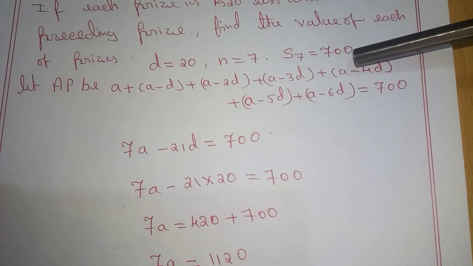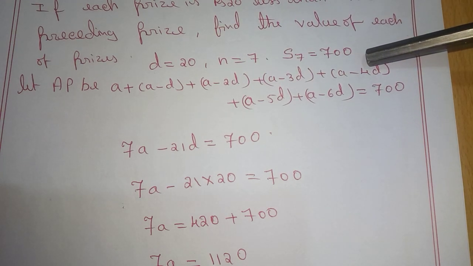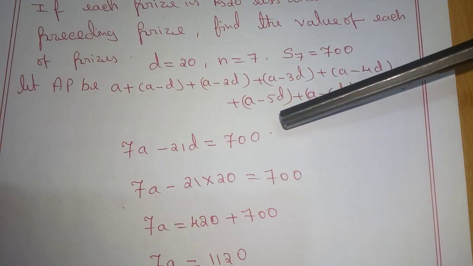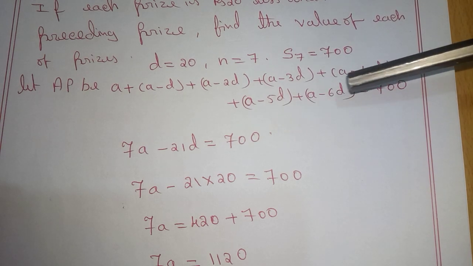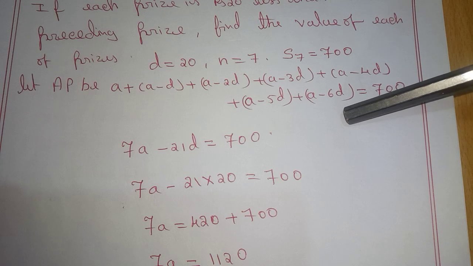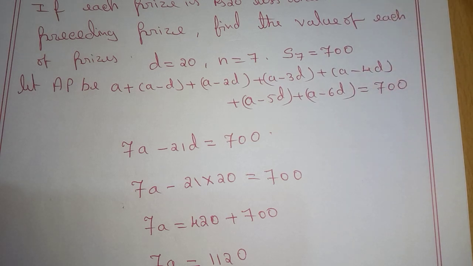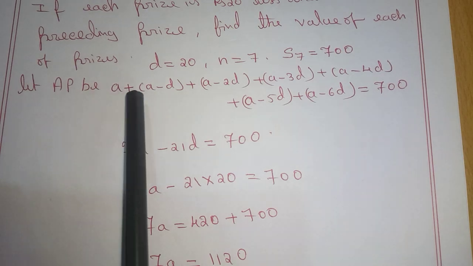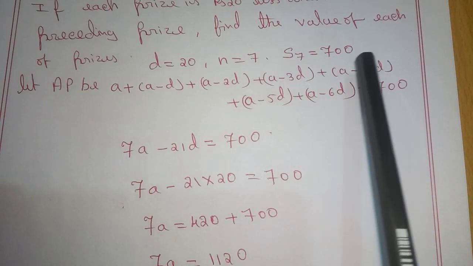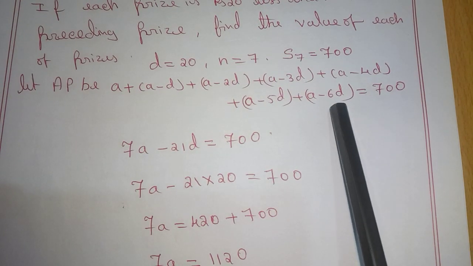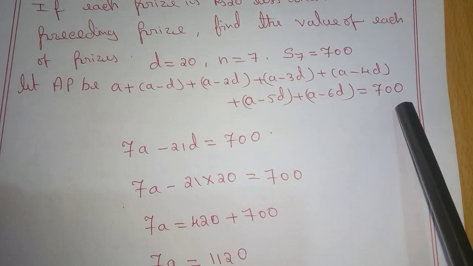Plus A minus 3D. Plus A minus 4D. Plus A minus 5D. Plus A minus 6D. Count, do you get 7 terms? 1, 2, 3, 4, 5, 6, 7 is equal to 700.